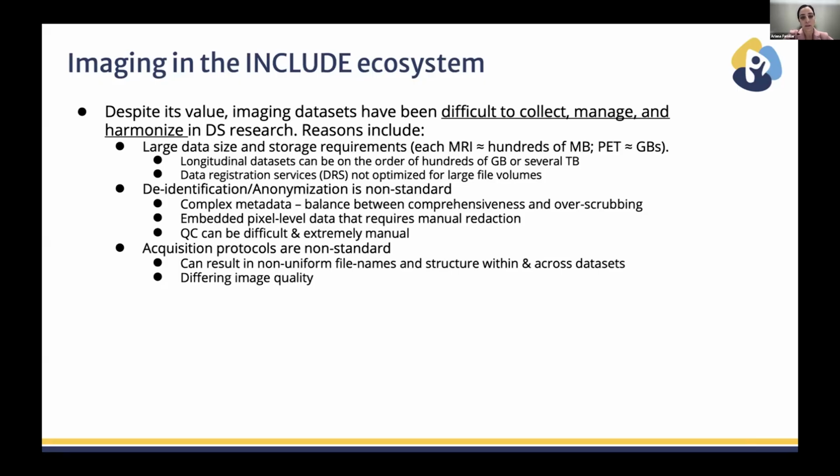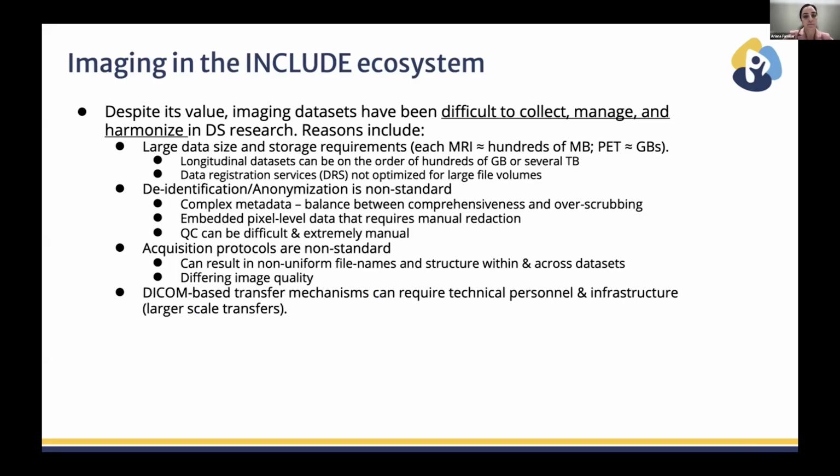There can also be non-uniform file names and file structure, both within and across data sets. This creates extremely non-uniform and variable data organization, and it can be really difficult for investigators to utilize data, even if it is collected and shared. And so harmonization techniques are essential to capture this type of variance.